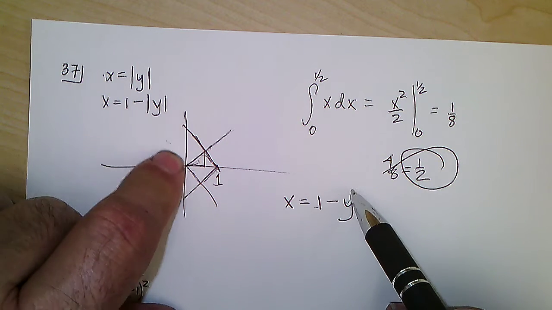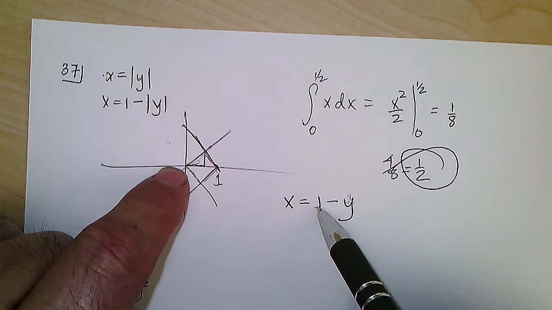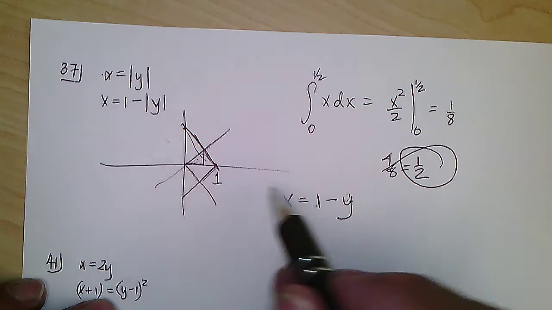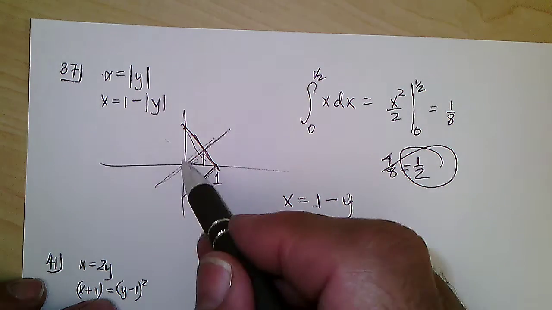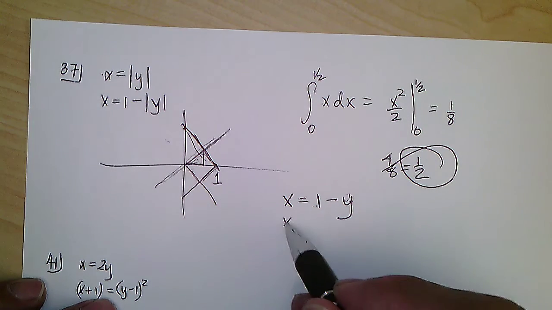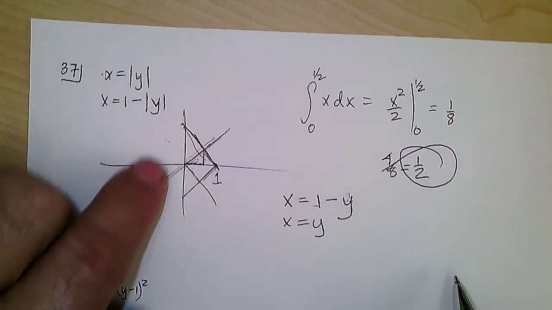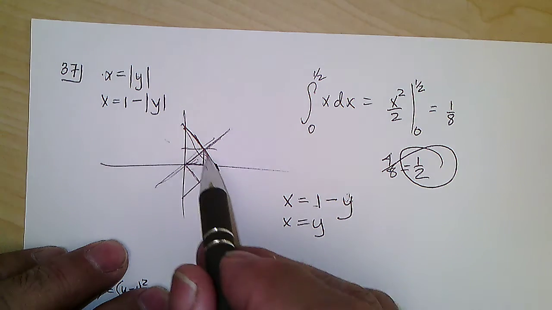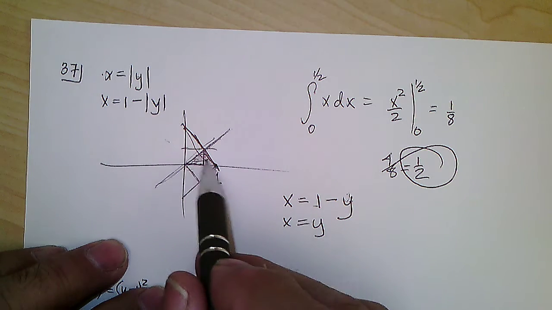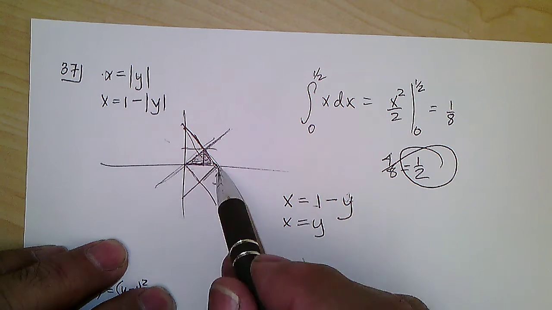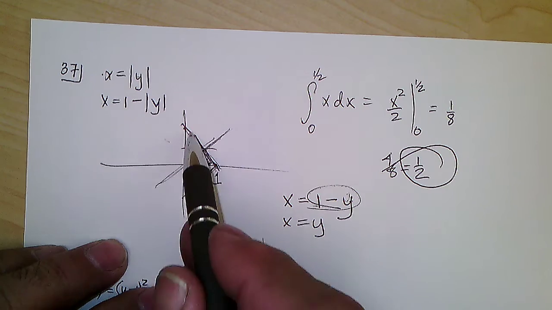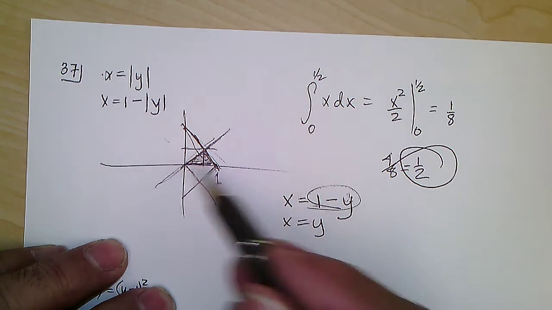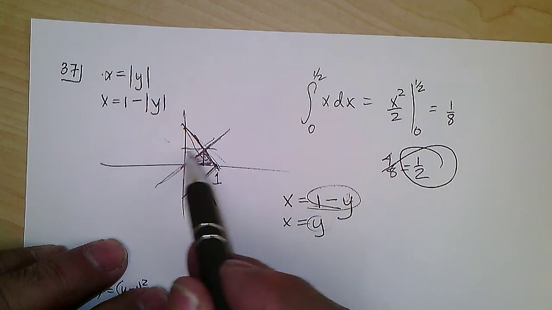When y is 0, x would be 1. So that matches this line. And then this one is y equals x, or x equals y. And so the top curve for this, just doing that part, would be this one, the right-hand curve, and the left-hand curve is this one.